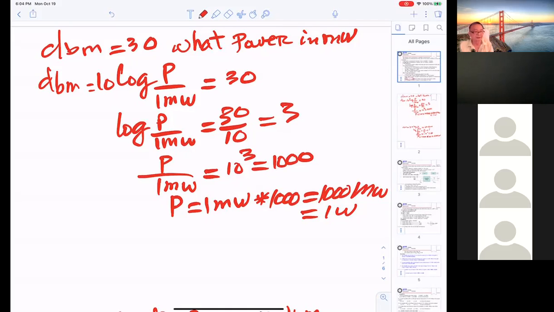So that's why we have to convert it. Any question? No? So it looks like everyone knows how to do it.